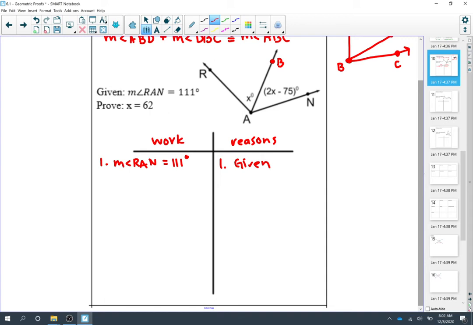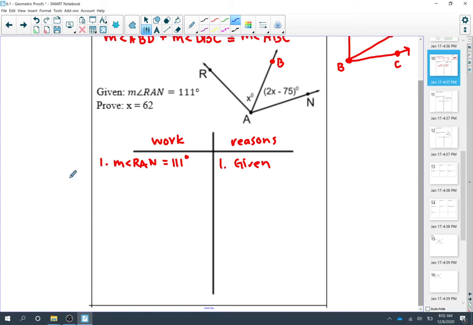If I'm going to use the angle addition postulate, it tells me about the angles and the letters. It doesn't tell me about the x's. And if you're confused, this is x degrees, okay? This is 2x minus 75 degrees. It's not an exponent of 0. It's degrees because we're talking about an angle.